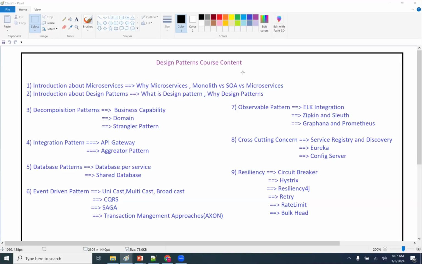Eureka registering, API gateway, all those things, the concept is the same. Spring comes with its own configuration, Kubernetes comes with its own configuration, and tomorrow some other software comes with its own configuration. Writing the configuration is different, but the concept is the same.